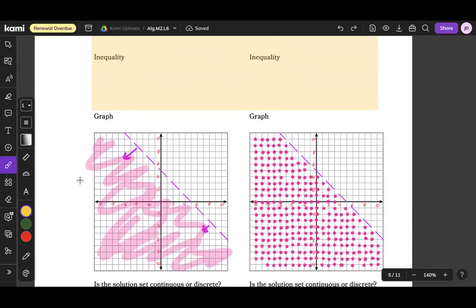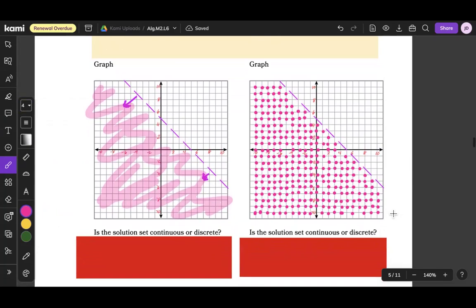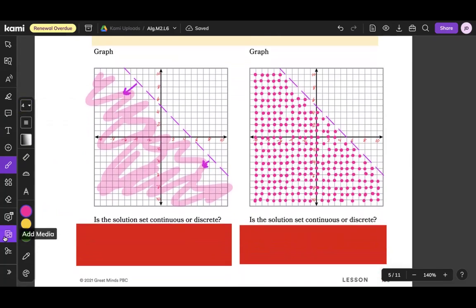Whereas on the right, when it had to be integers, I've put individual points on this to cover the spots that it can be, because it has to be an integer. So it has to be exactly on the grid. That is obviously obnoxious.